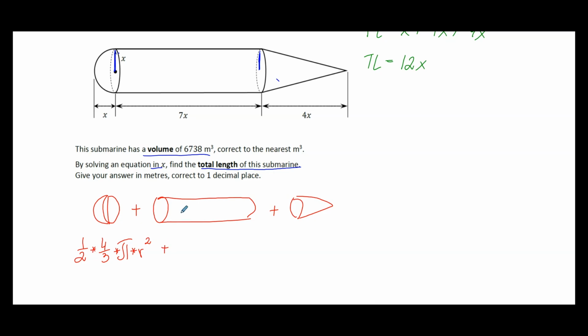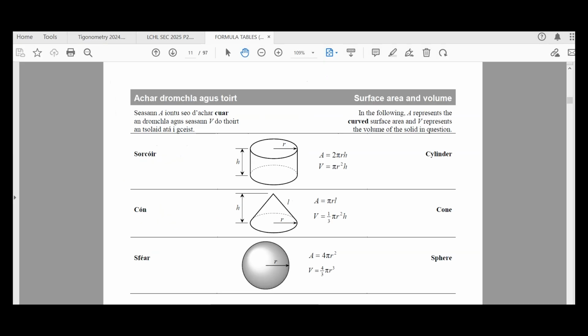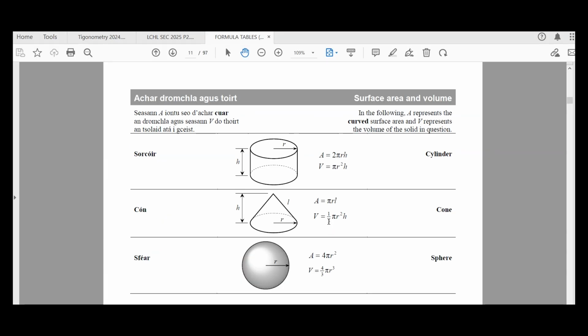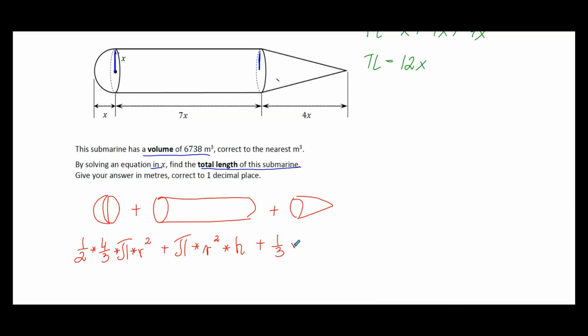And then the volume of the cylinder, pi r squared h. So pi multiplied by radius to the power of 2 multiplied by the height, plus the volume of a cone. Again, from our table, 1/3 pi r squared h. 1/3 multiplied by pi multiplied by radius to the power of 2 multiplied by h.